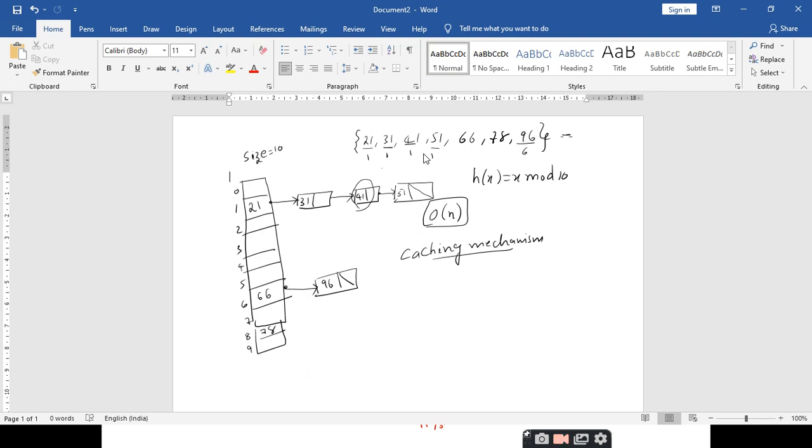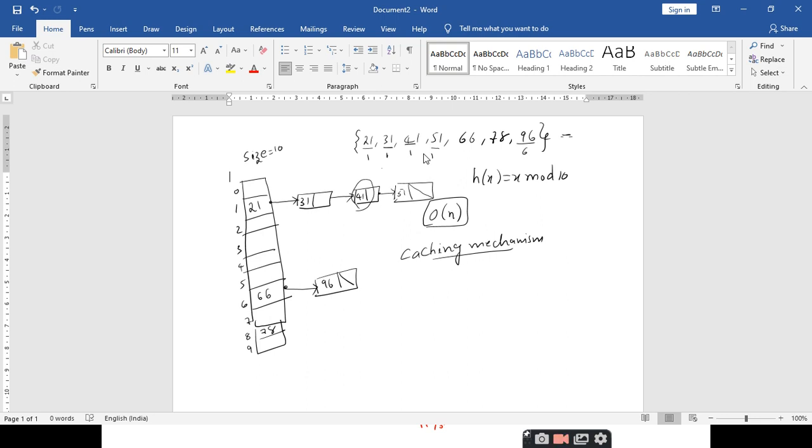So this is all about the collision resolution methods. Once again, I just want to brief you on these collision mechanisms. A collision is a situation where one or more values generate the same hash key, right? Such a situation is called a collision, and we have different collision mechanisms supported in data structures, that is open addressing and separate chaining.